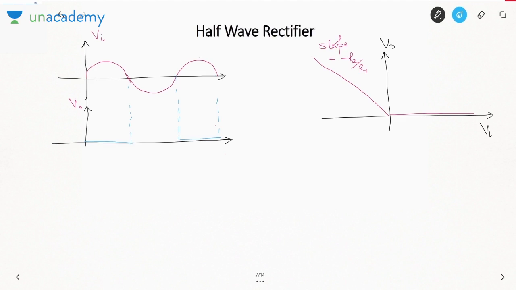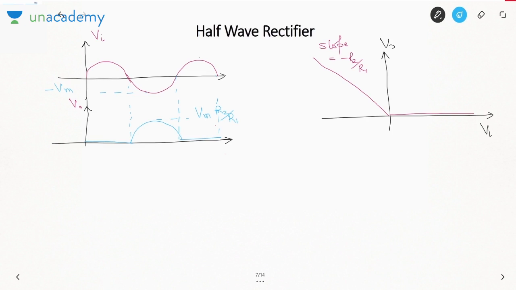But when Vi is negative, V0 will be positive, and if this value is minus Vm, it will be multiplied by R2 by R1, so Vm R2 by R1. So basically it is rectifying the negative cycle of the input and not rectifying the positive cycle.